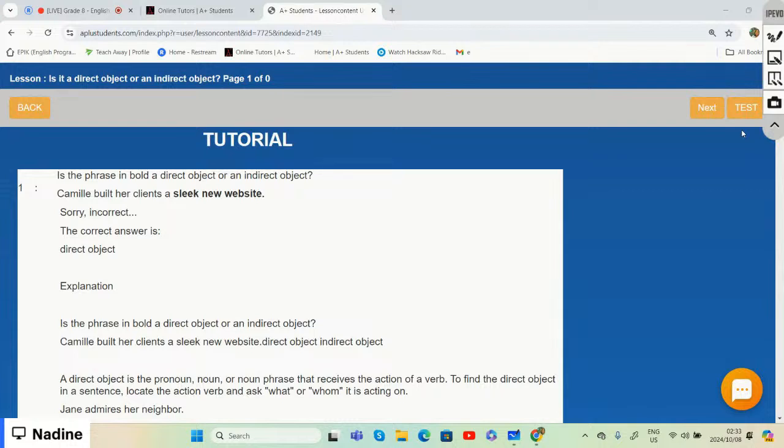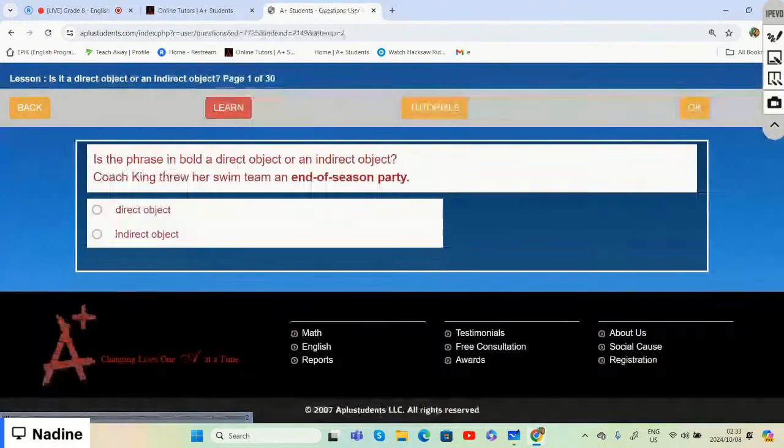In order for us to find the direct object, we first locate the verb and ask ourselves what or whom it is acting on. All right, so now let's go to our test.